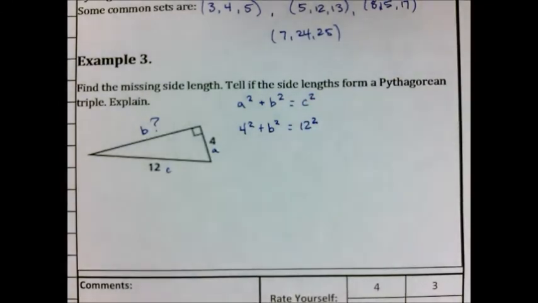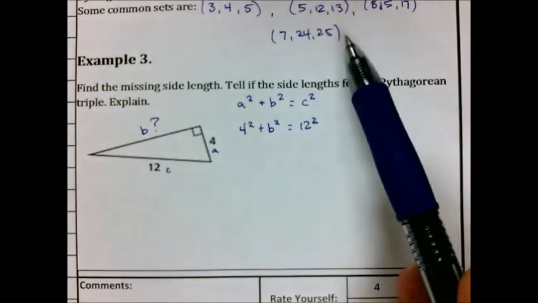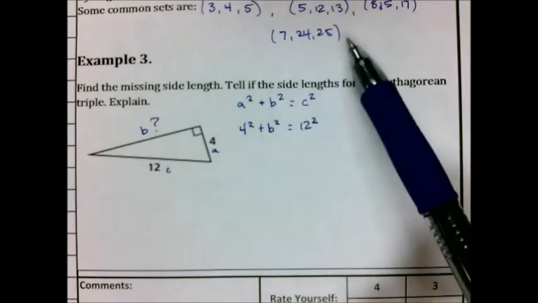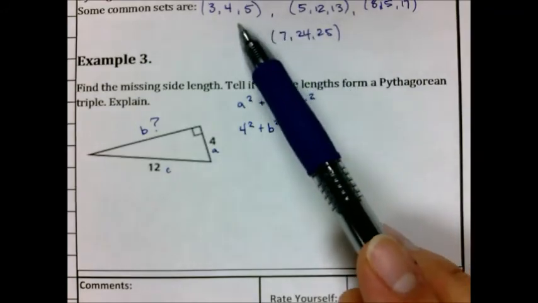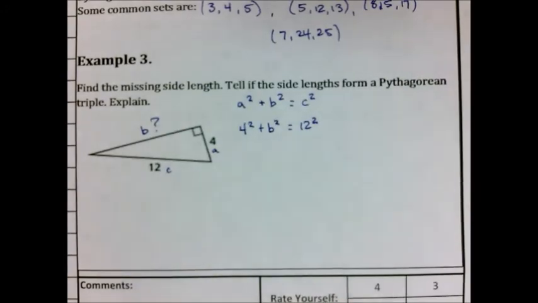Real quickly, we can already tell this is probably not going to be one of those Pythagorean triples because I gave you some of the lower number common sets, and we don't have a 4, 12, or 4 something 12, right? This would have to be 3 and that would have to be 5, but nowhere else do we see a 4. But let's go ahead and solve this still.